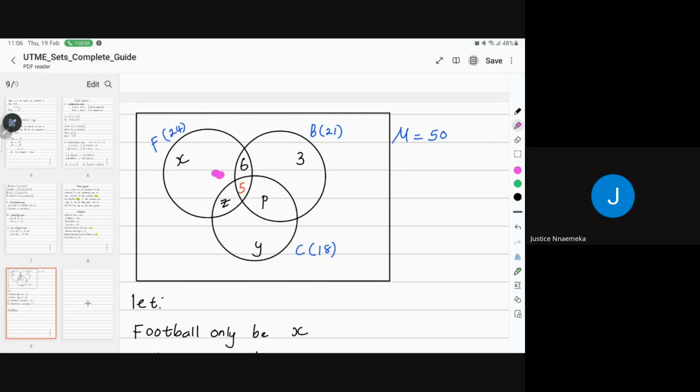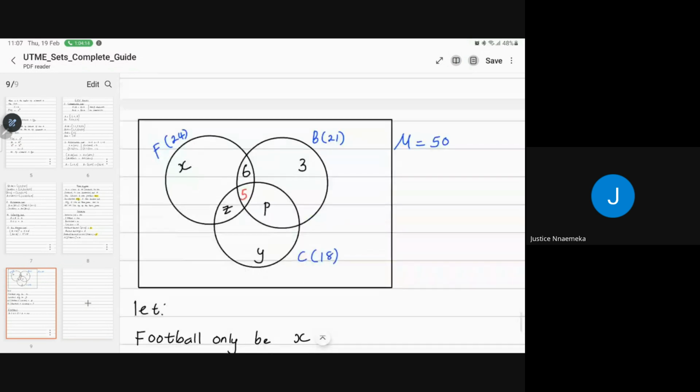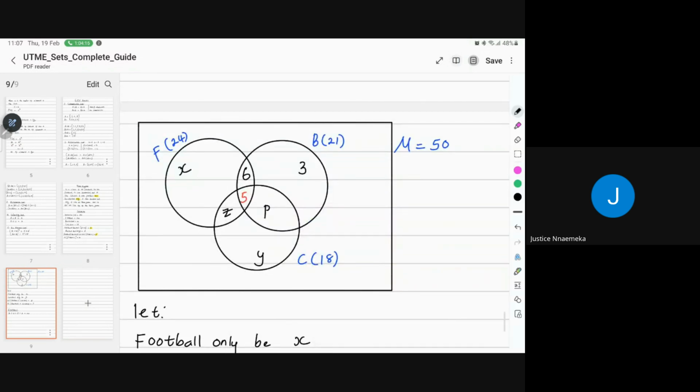So these are the variables we have inside football: x, 6, 5, and z. Do you understand what I did right there? So I'm bringing everything that has to do with the circle. So each circle will form an equation. Makes sense?